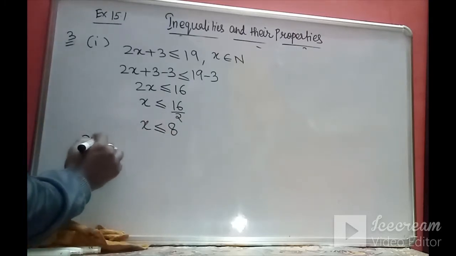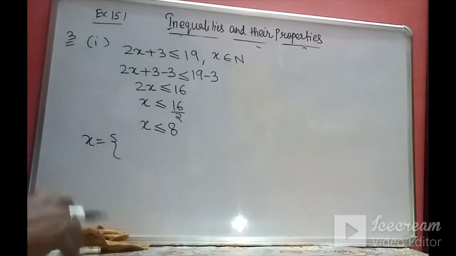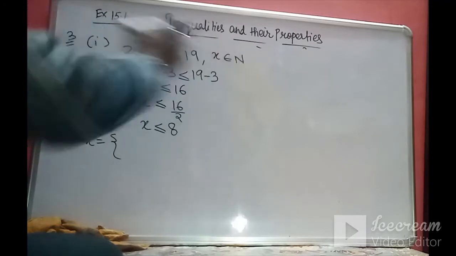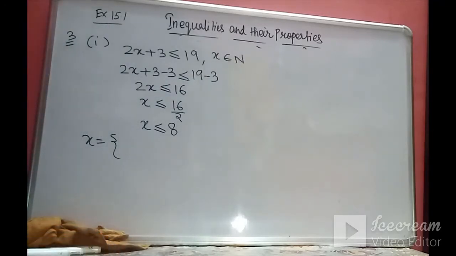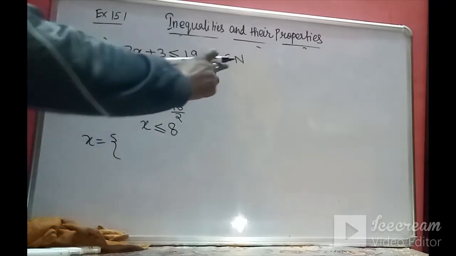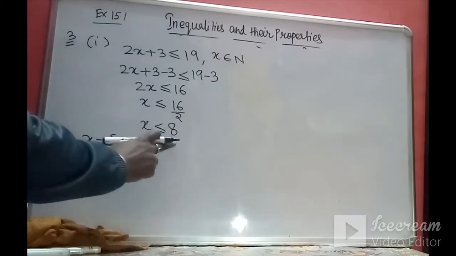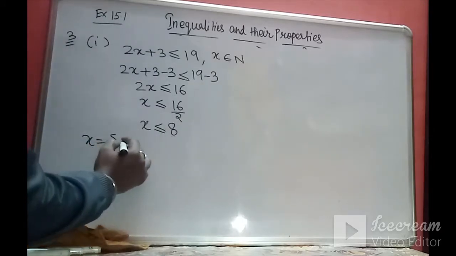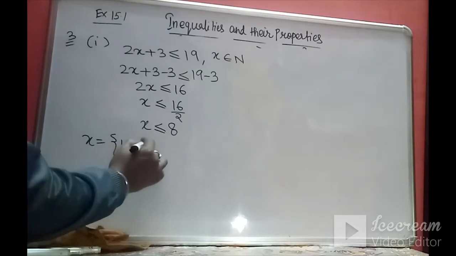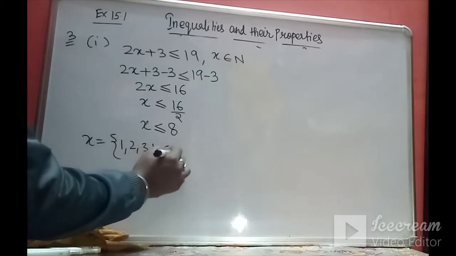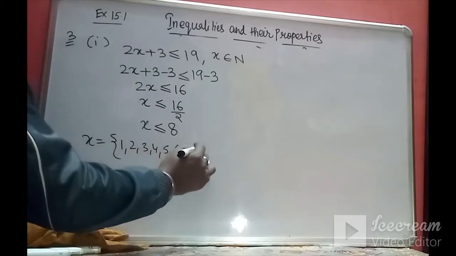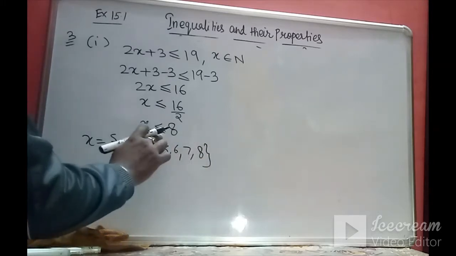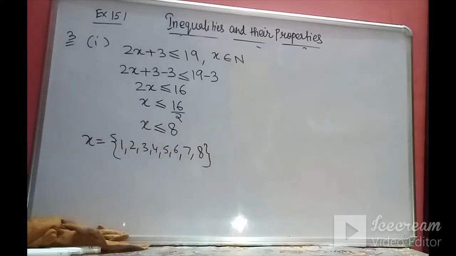Now, less than or equal to 8 will give you an infinite number of values if the condition is not given. Now the condition is given: x is all the natural numbers which are less than or equal to 8. So natural numbers start from 1, 2, 3, 4, 5, 6, 7 and 8 also. Why 8? Because this is the sign of less than or equal to.